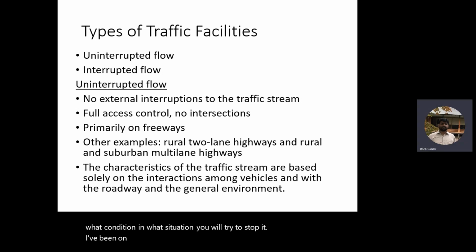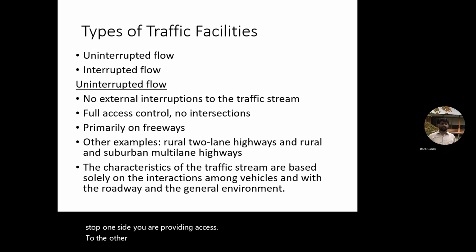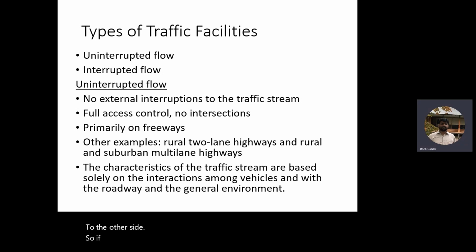Okay. Intersections. Intersections because you have four ways. You should go. So when you stop one side, you are providing access to the other side. So if I don't provide these interruptions, that means access is totally controlled.